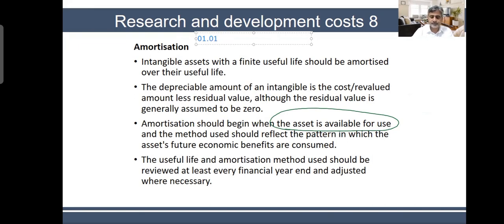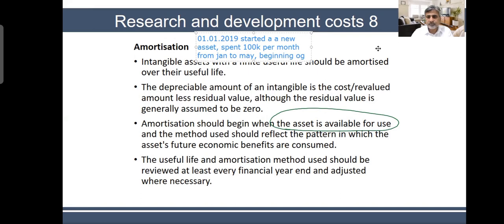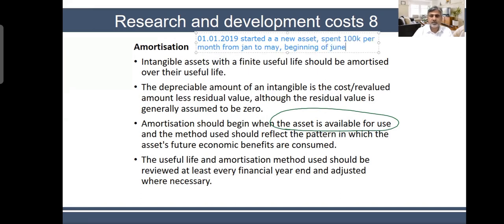01/01/2020, 19 started a new asset, spent 100K per month from January to May. At the beginning of June, it became evident that future economic benefits will flow.